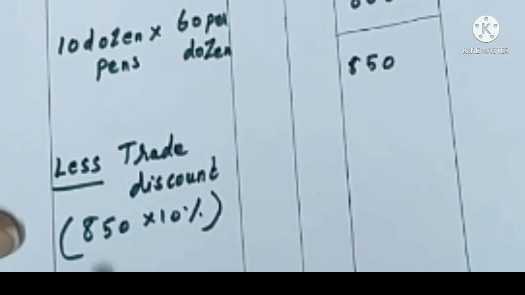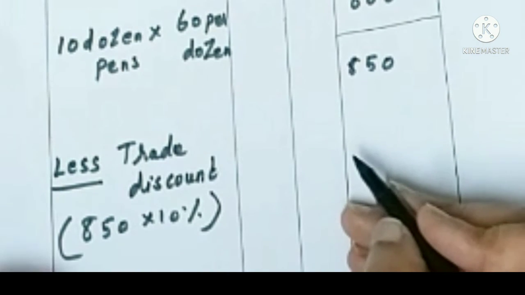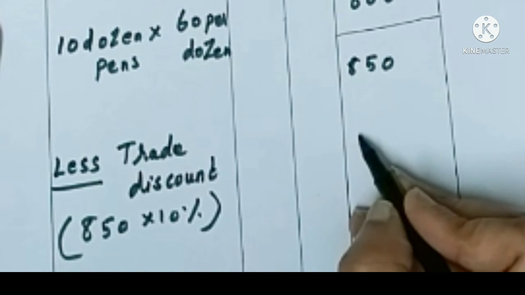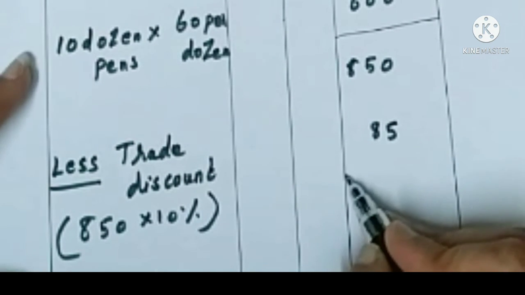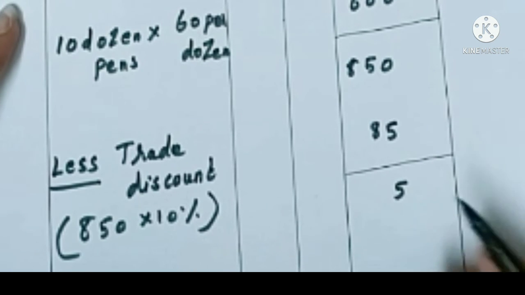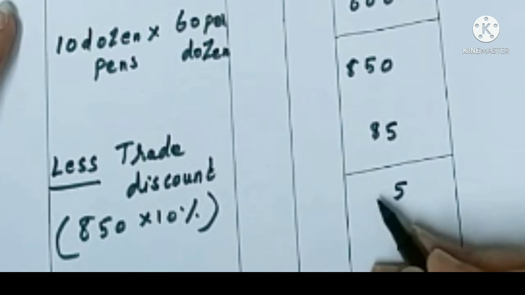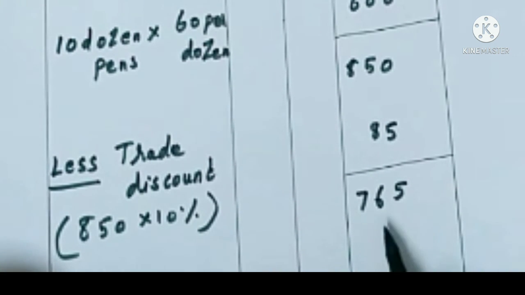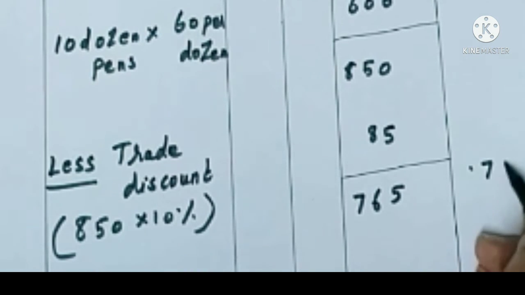So how much? 85. So here I'm going to write 85. So how much do you get? 765. So you write here 765.